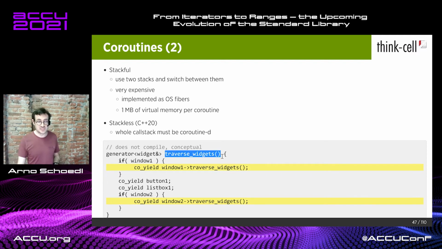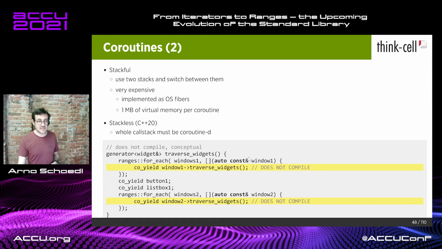Your traverse widgets is a coroutine, and then it will call into this function here as a coroutine as well. That's fine. But if you say something like, I want to use algorithms in my code that are not necessarily aware that I'm doing anything here with coroutines, then it doesn't become so easy, because the for each is not a coroutine, obviously, and you don't want to replicate maybe the whole standard library to be coroutines.